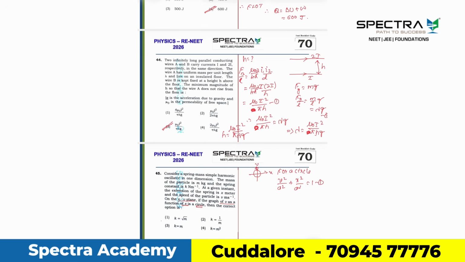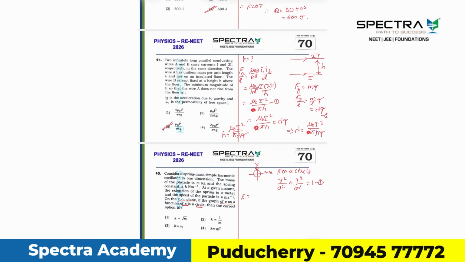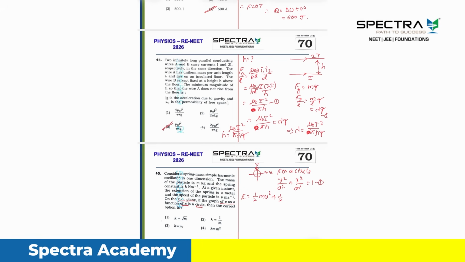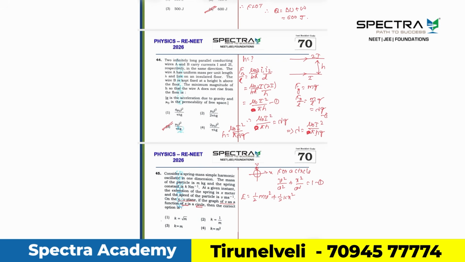Now let us see, whenever the spring mass system is oscillating, it will possess two types of energies, and the total energy will be equal to the kinetic energy of the block plus the potential energy of the spring. Therefore, we have to write this equation in the form of equation 1.